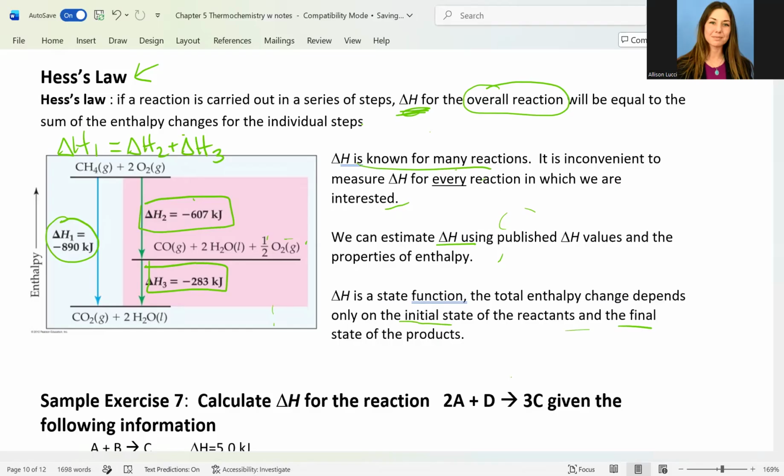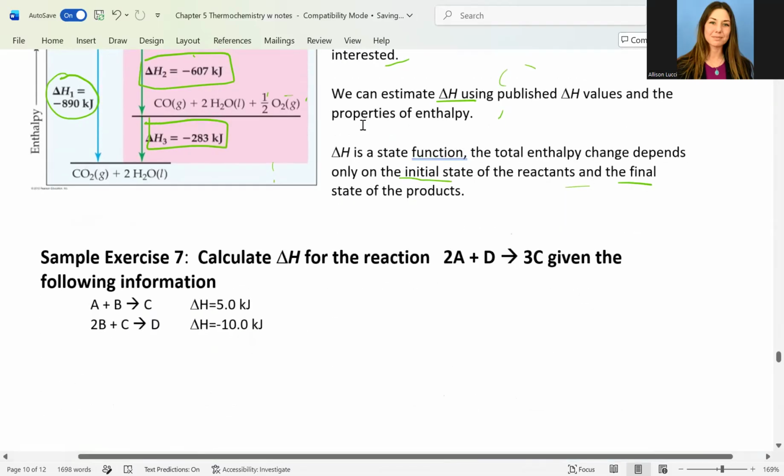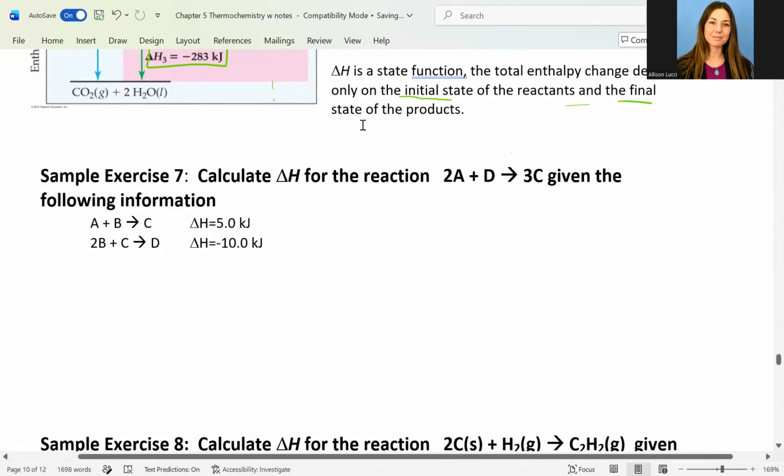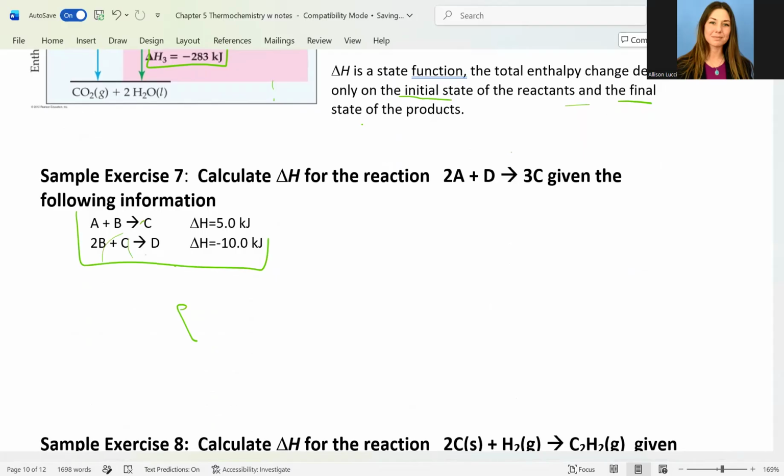So using this information, let's take a look at sample exercise 7 here and find a way that we could manipulate these two equations to find the enthalpy change for this overall reaction here.